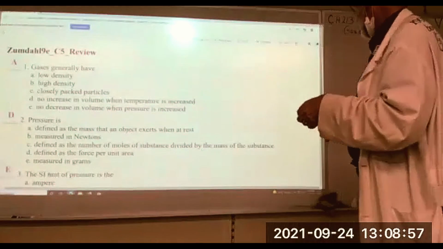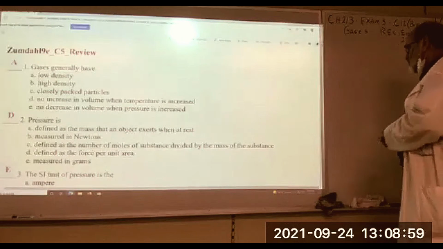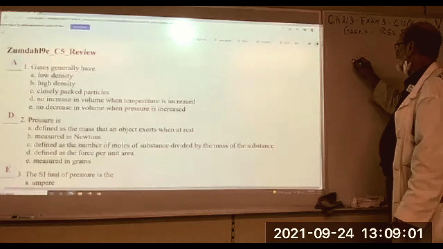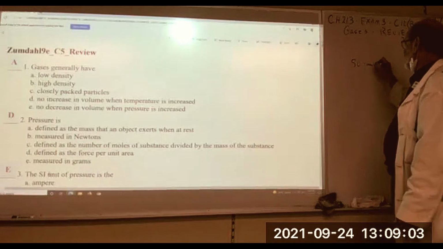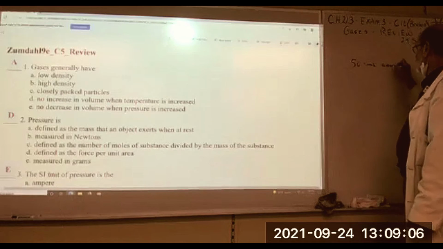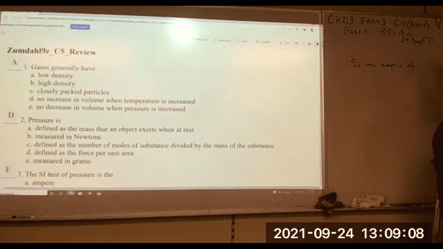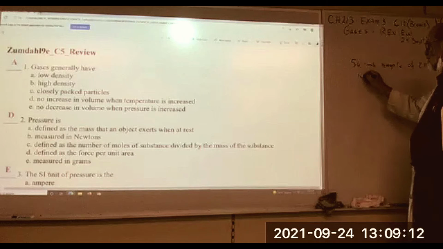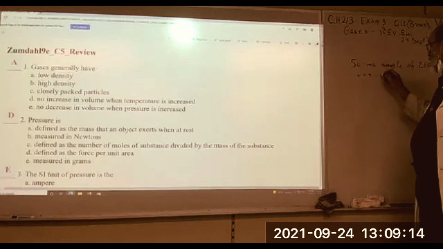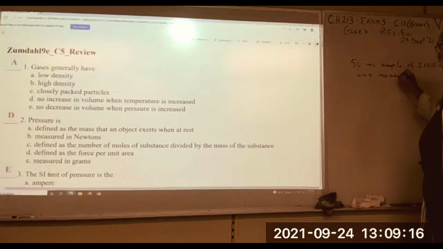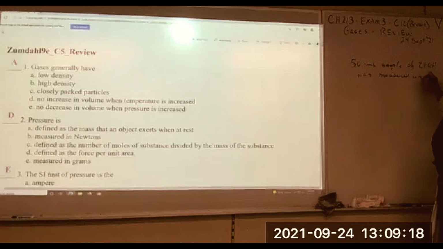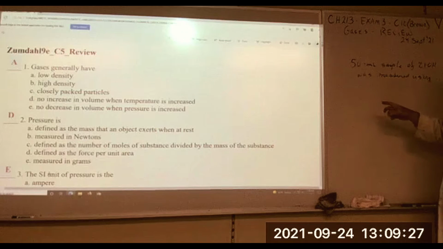So you would say something like, 50 milliliter sample of ethanol was measured using whatever. So it's passive, third person, passive past tense.